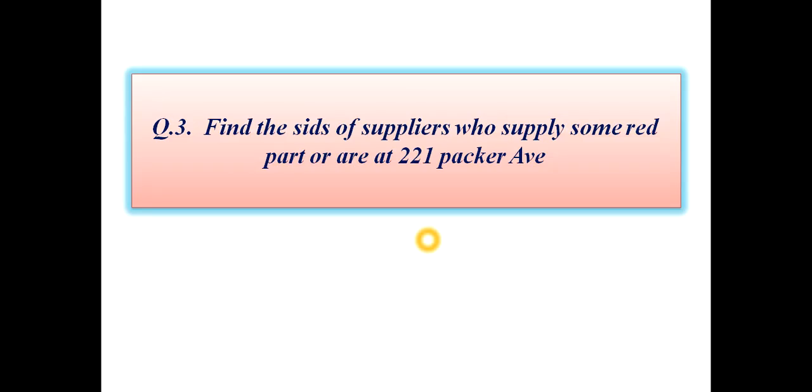The question is: we need to find SIDs of those suppliers who supply either some red part or are at a particular address, that is 221 Pecker Ave. You know that the supplier relation has the address part also, so there is no problem at all. Let's come to the solution.